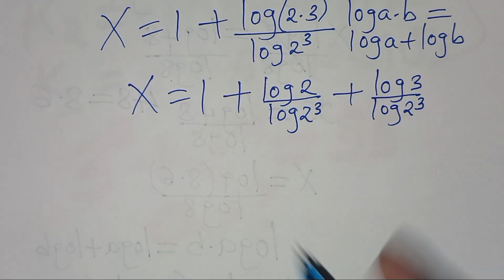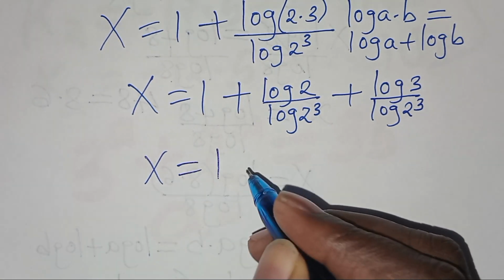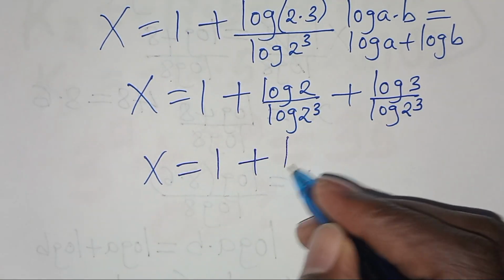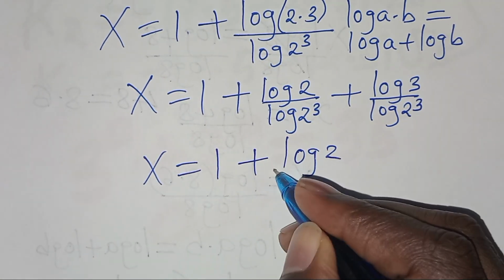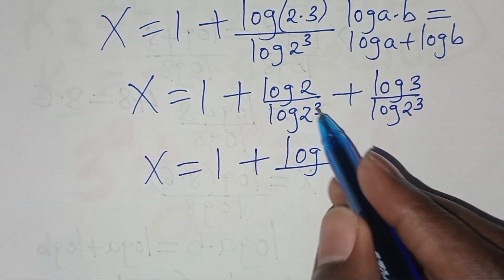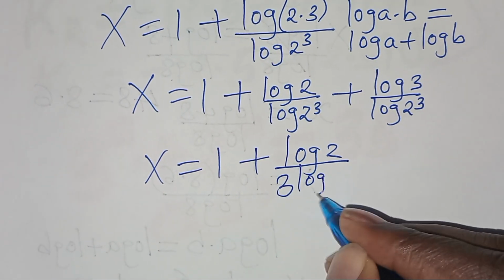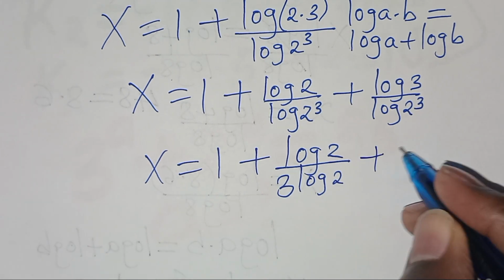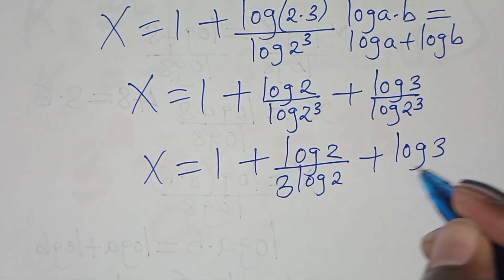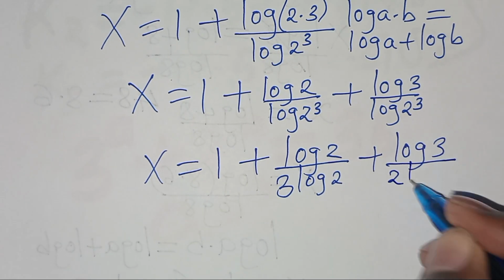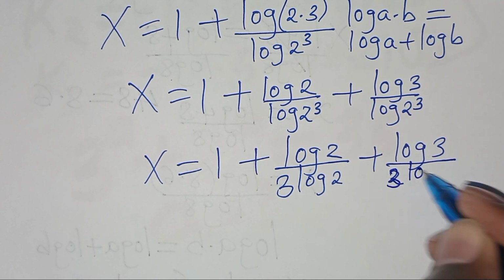The next step from here, we'll have x equal to 1 plus log 2 divided by log 2 to the power 3. Now applying the power rule property, this becomes 3 log 2, plus log 3 divided by 3 log 2.